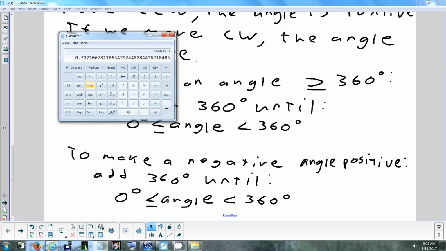Yeah, Alex? 45. You get 45. So now I'm going to type in the same thing I just did. For the same function, I'm going to press sine again, but I'm not going to type in 405. I'm going to type in that number minus 360. Okay? And remember the 0.707. 45, sine, I get exactly the same thing. Okay? So it's a lot easier to work with 45 than it is 405.